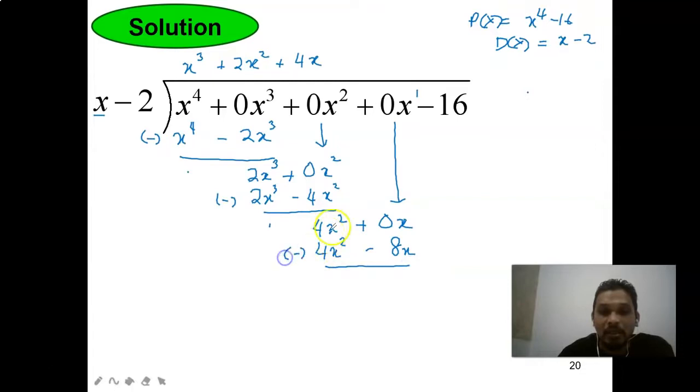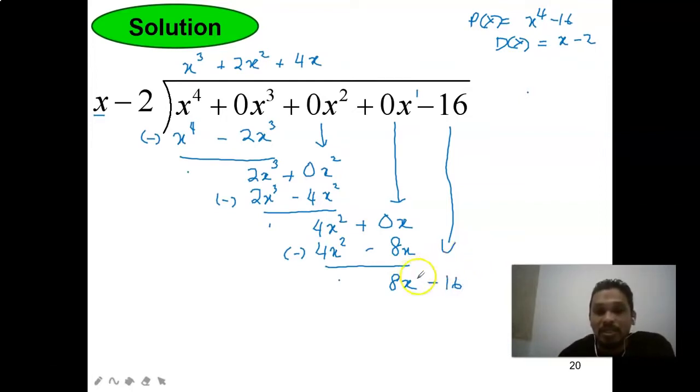Again, 4x squared minus 4x squared, 0. Negative times negative becomes positive, so 0x plus 8x, 8x, and bring down the last one here, minus 16.